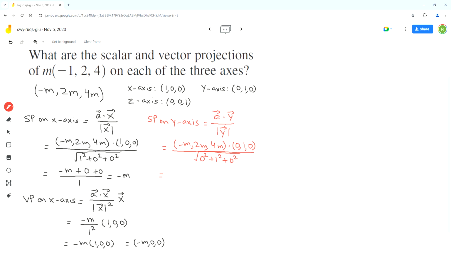Now we can do the dot product in the numerator.